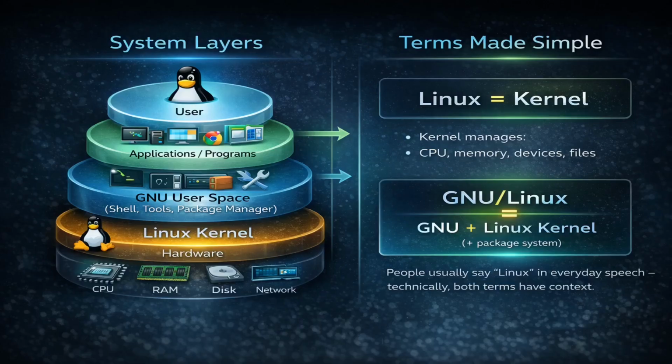Why GNU/Linux? Because a real system includes not only the kernel, but also many user space tools, shell utilities, package management, and more. Historically, a lot of these tools come from the GNU project. In everyday speech, people usually say just Linux, and that's completely fine. But now you know the technical difference.